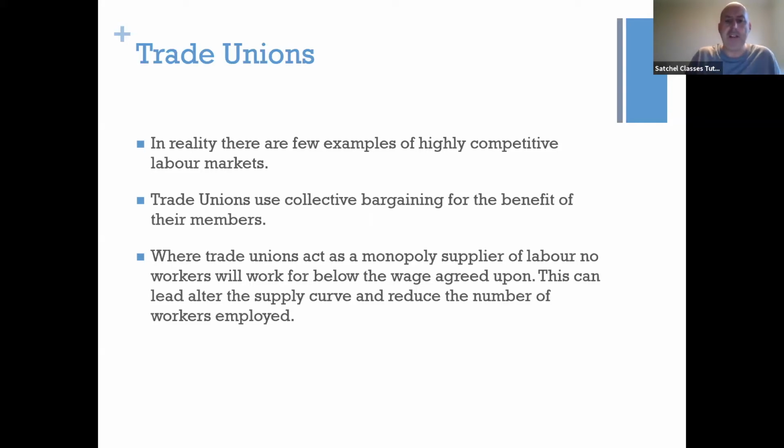Where trade unions act as a monopoly supplier of labour, no workers will work for below the wage agreed upon. This can lead to alter the supply curve and reduce the number of workers employed.